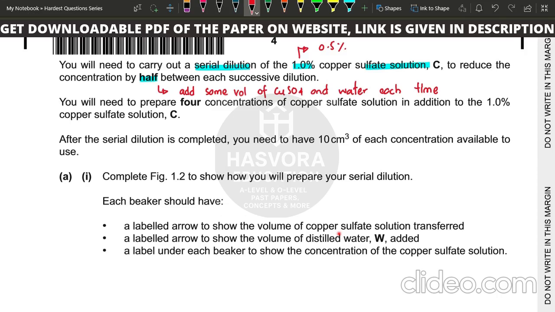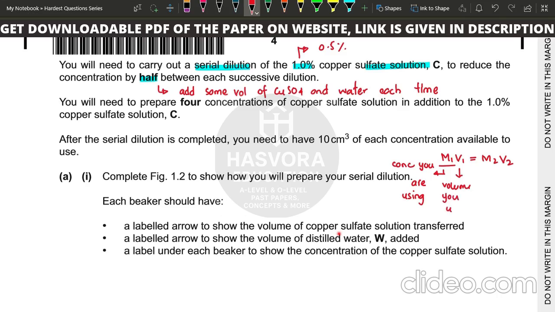Okay, and in the case if most of you are confused with how it becomes half, you can just use this formula. Okay, this formula is M1 V1 equals M2 V2. Here the M1 is the concentration that you are using, and V1 is the volume you use.